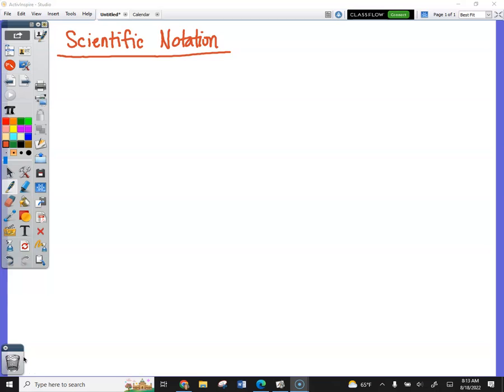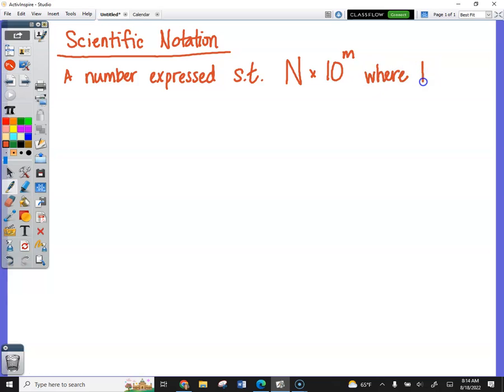Scientific notation, the fancy definition is that it's a number expressed, look, here's my abbreviation I told you all about, such that you have some number times 10 to a power, the number has to fall between 1 and up to 10, but not including 10.